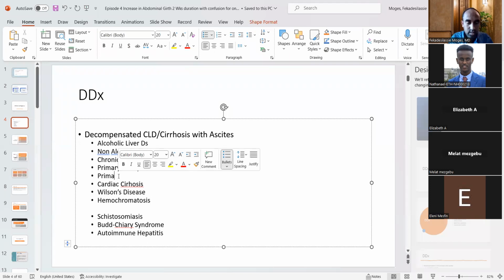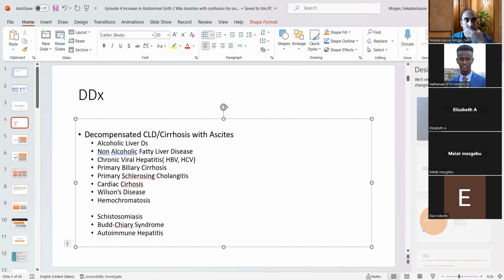Primary sclerosing cholangitis. What else? Hepatocellular carcinoma. Hepatocellular carcinoma as such can present with this, okay, let me take it.